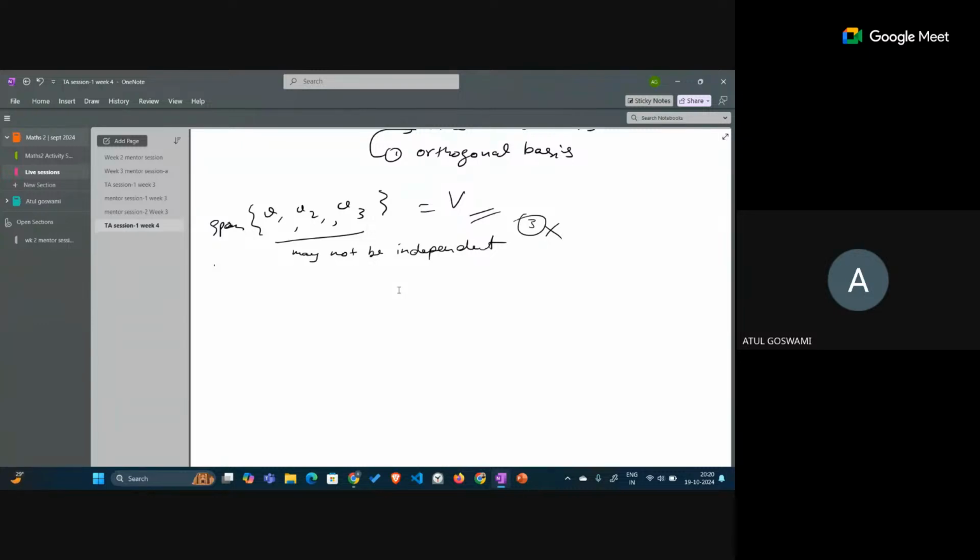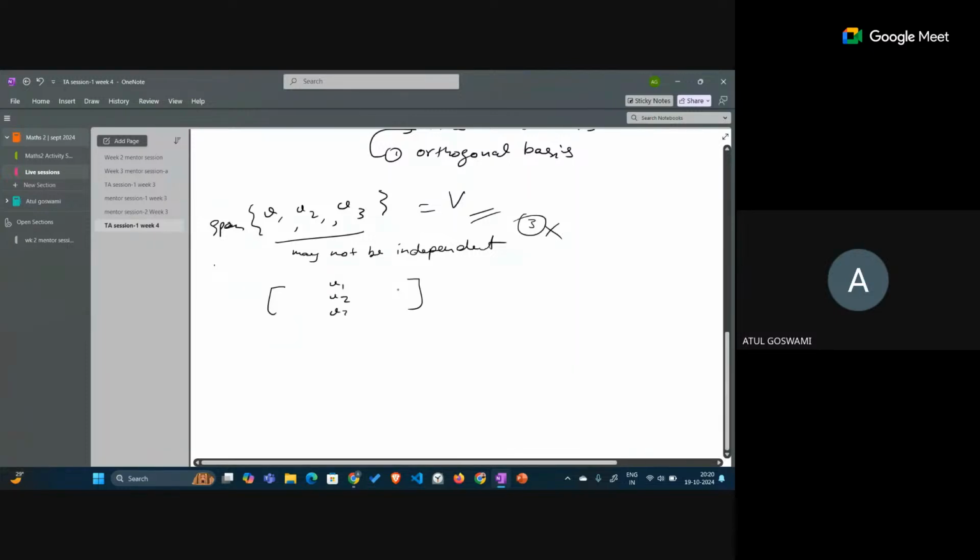So for finding the dimension, what we do is, one way is we'll make a determinant. Sorry, we will make a matrix, not a determinant. We'll make a matrix using these vectors, v1, v2, v3, and then reduce it to RREF.